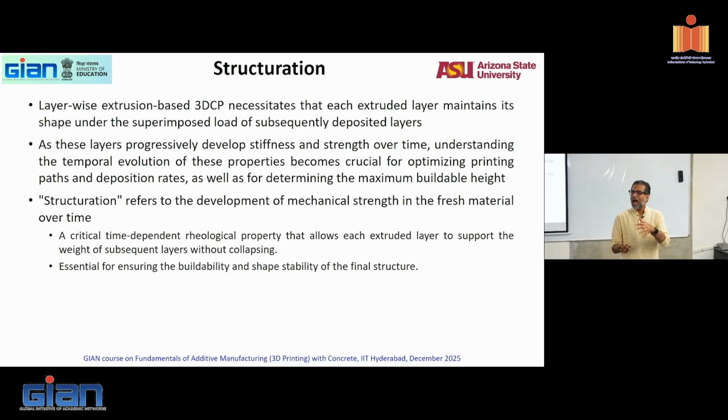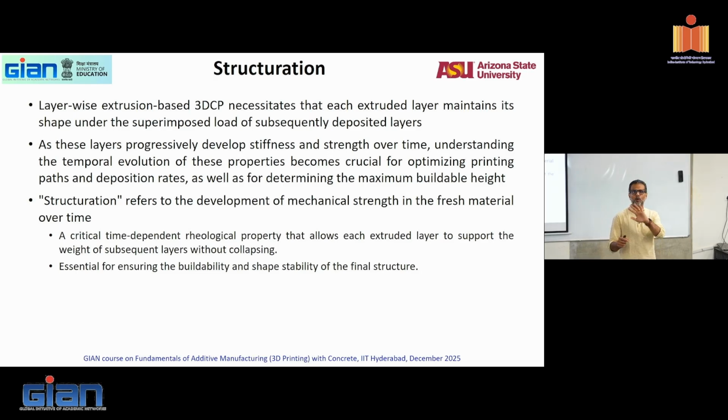Structuration tells you, has the structure developed enough mechanical strength to take the next guy sitting on top of me? Clear? So again, two related terms in the broader sense, but in terms of doing the calculations, different, because one is directly relating to the stiffness or strength that is in the structure.